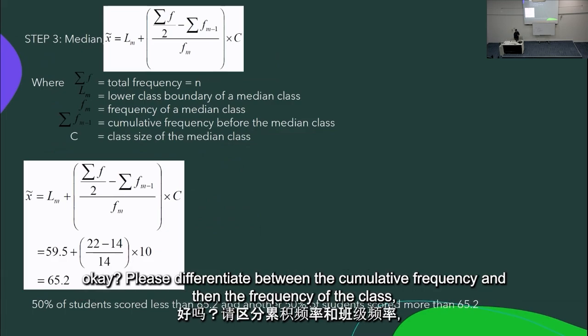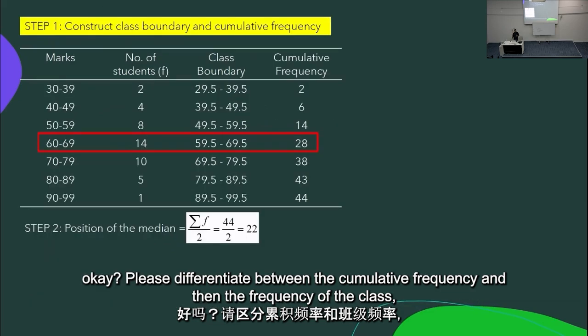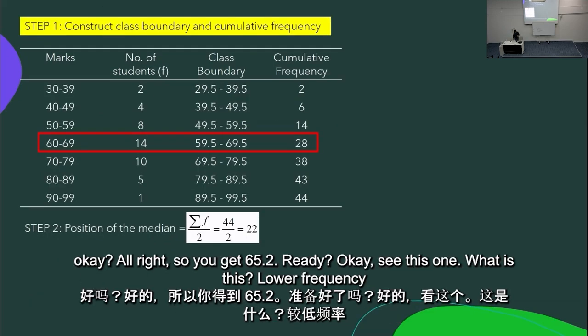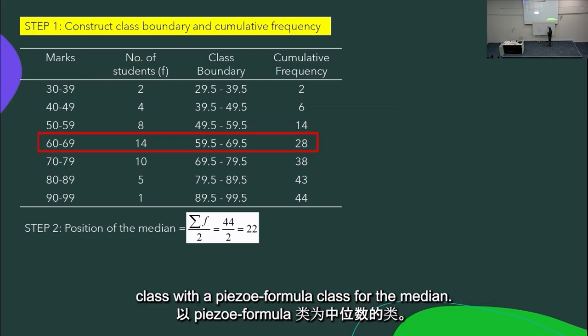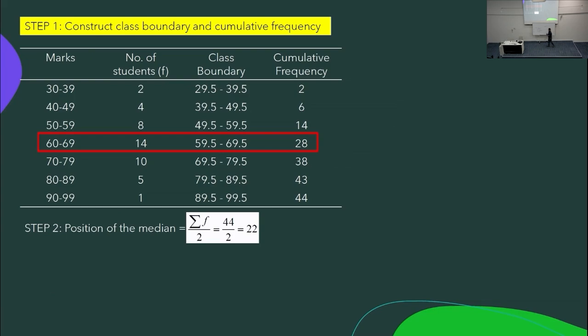Please differentiate between the cumulative frequency and the frequency of the class. So you get 65.2. Get it? Okay, see this one. What is the formula for the median?